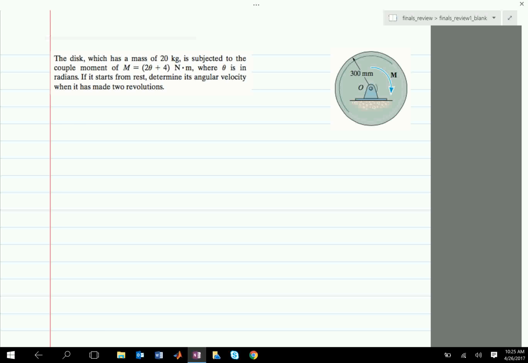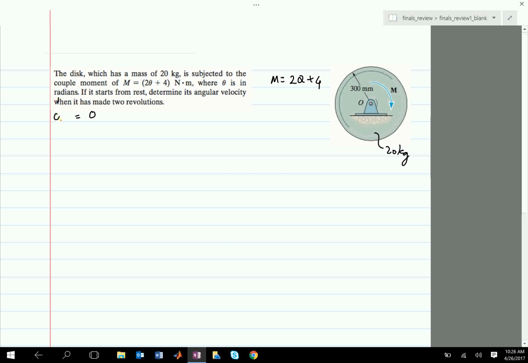Okay, next question. The disk, which has a mass of 20 kilograms, is subjected to the couple moment M equals 2 theta plus 4, where theta is in radians. It starts from rest, so omega 1 is 0.